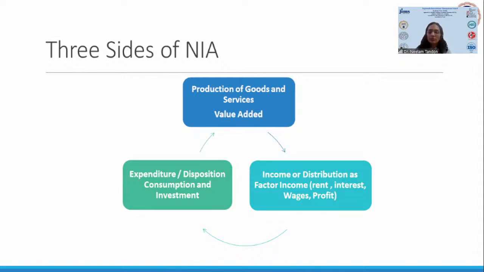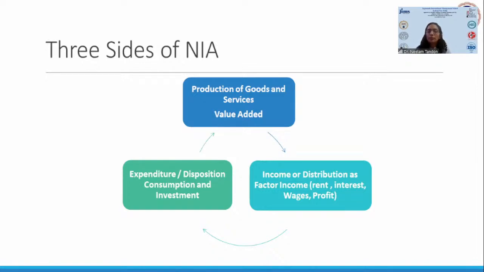So these are the factors of production. Anything you produce, you may produce chalk, a bike, a car, anything. What are the basic factors of production you need? You need land, and for land you pay factor payment as rent. You need capital, and for capital you pay interest.